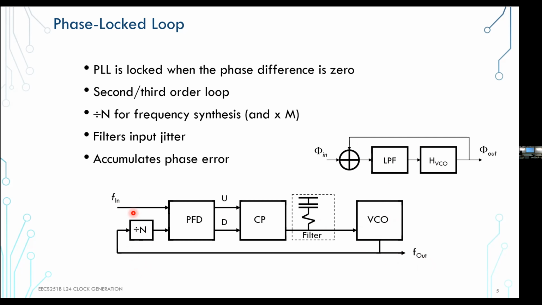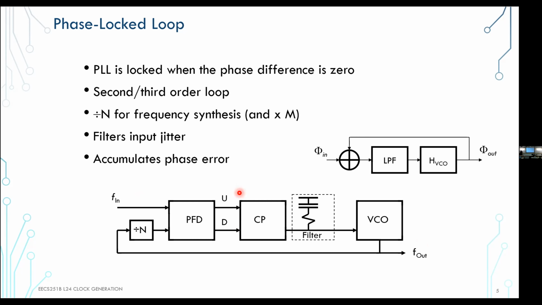Alternatively, you can put a divider in front of f in, let's say a divide by M. That way your f out is actually N over M times f in, because now your reference is f in over M. So by tuning M and N, you can essentially get any rational number ratio between the output clock frequency and the input.